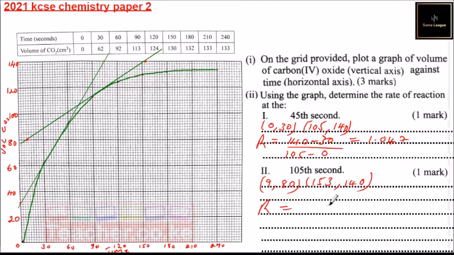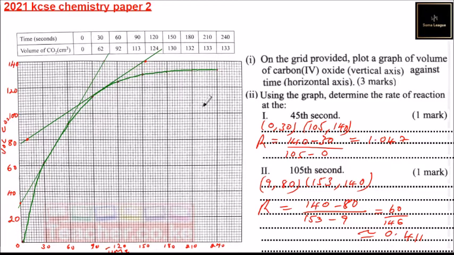The rate is equal to, you get the gradient, it is 140 minus 80. You divide by 153 minus 9, and that will give you 60 divided by 144, which is approximately 0.411.